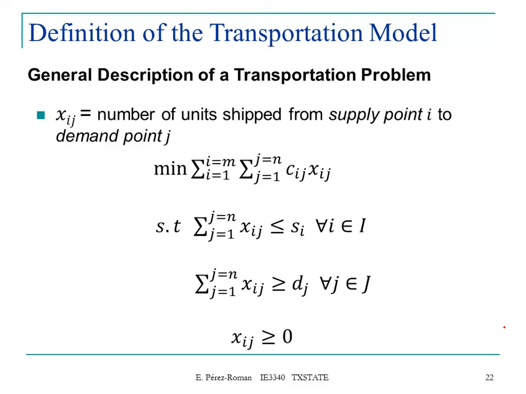And you have some constraints for the supply and some constraints for the demand. That's all you have. So if I ask you to formulate a transportation problem, this is what I'm expecting to see: your decision variable Xij, your objective function, and your constraints for the supply and demand. That's all. Okay?